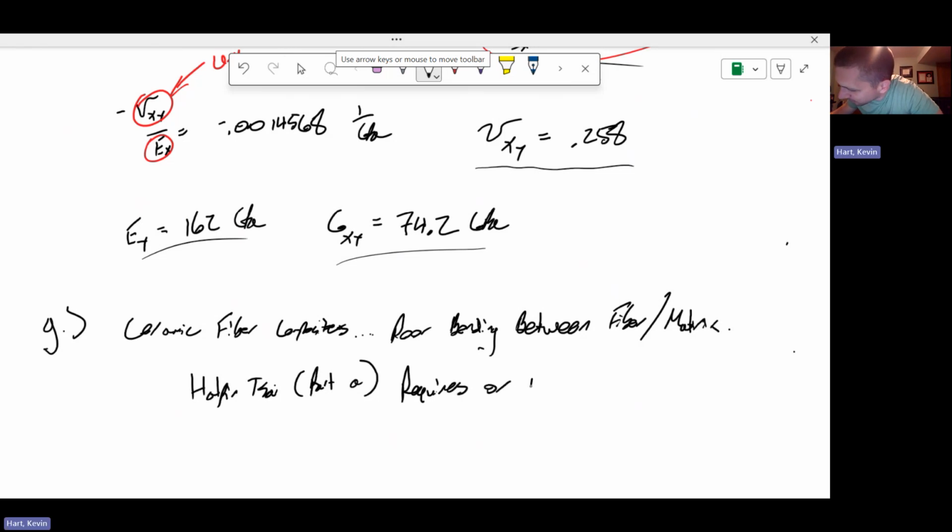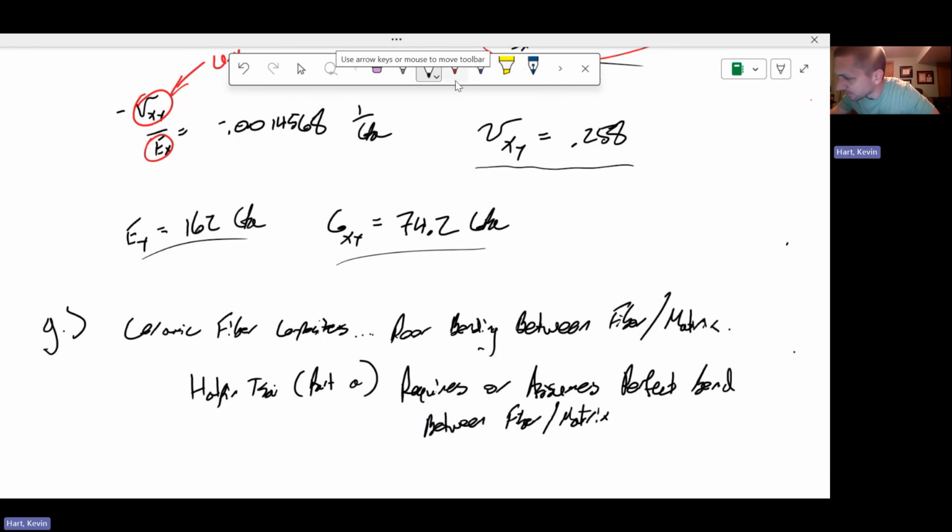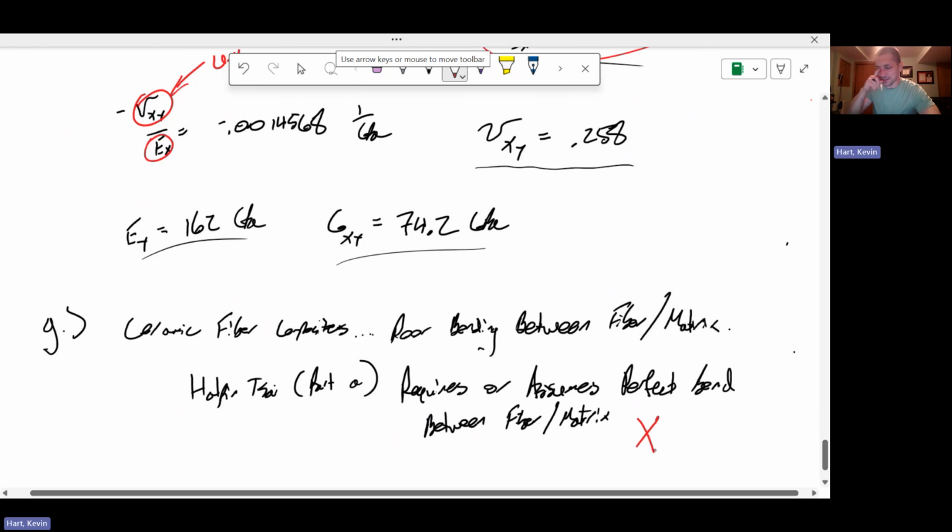It requires or assumes perfect bond between fiber and matrix, which we don't have here because it's a ceramic. All right. Okay. So that's it. That's problem number 4.